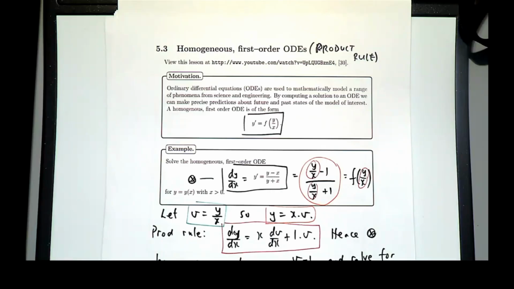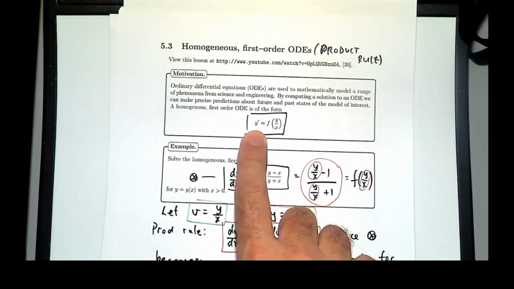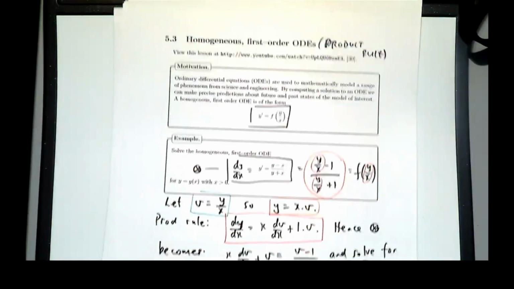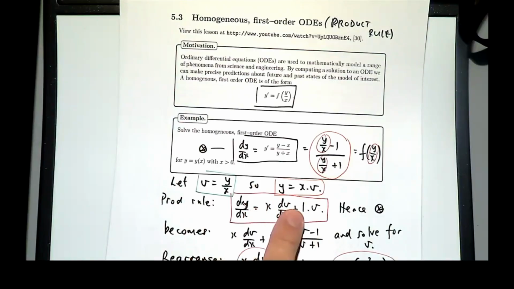A substitution. Now somebody asked me yesterday if there are other substitutions that you can do with DEs, and the answer is yes. If you look here, this is the general form of a homogeneous first order DE, and you make this substitution, and then you form a derivative, right?